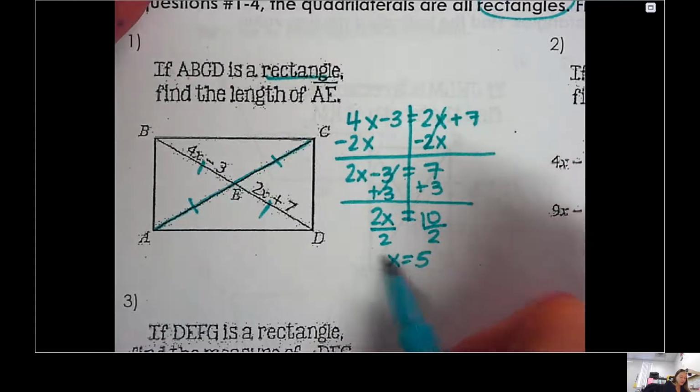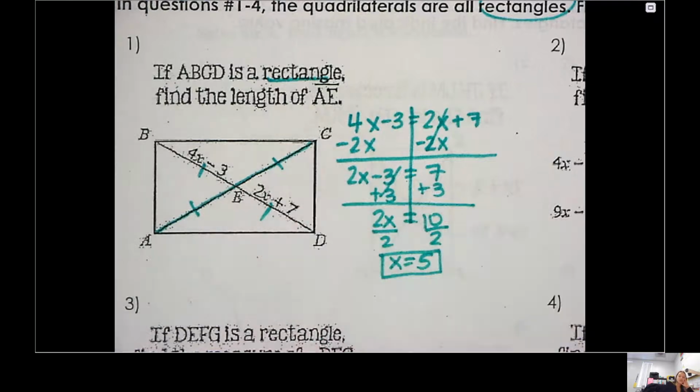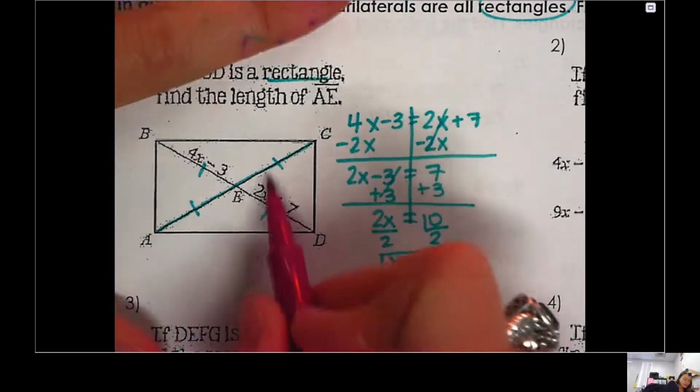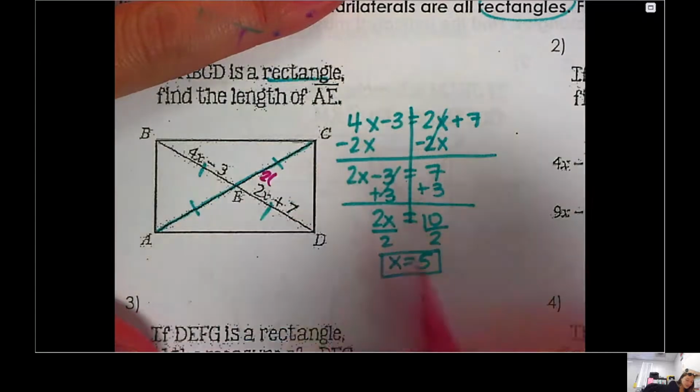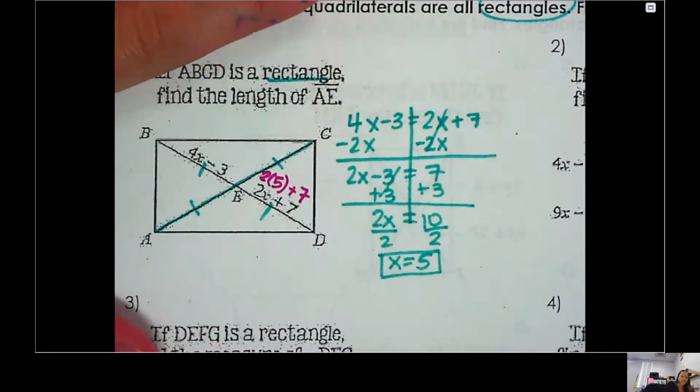Now I'm not finished with the problem because it wants me to find the length of AE, which is one specific length, but all of them are exactly the same. So I'm going to take that 5 and plug it into the equation, and it does not matter which equation I plug it into. So I'm going to plug it in right here to this x. 2 times 5 is 10, plus 7 is 17.